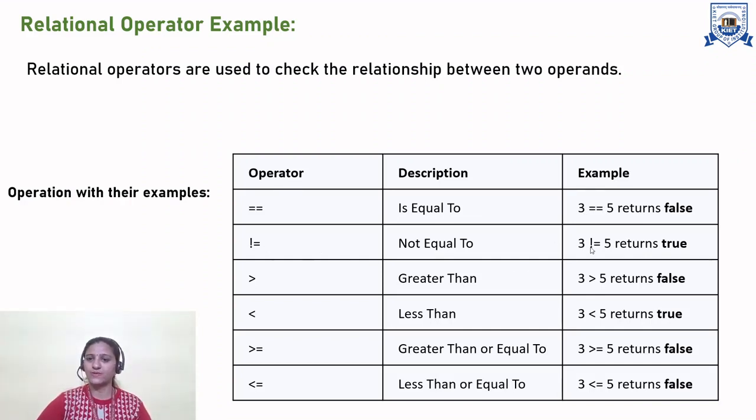Not equal to, 3 not equal to 5, yes, it's true. Greater than, 3 greater than 5, false. Less than, 3 less than 5, yes, true. Greater than or equal to, false, 3 is not greater than, nor is it equal to 5. So false. Less than or equal to, 3 is less than or equal to 5, it's not possible. It will become false.